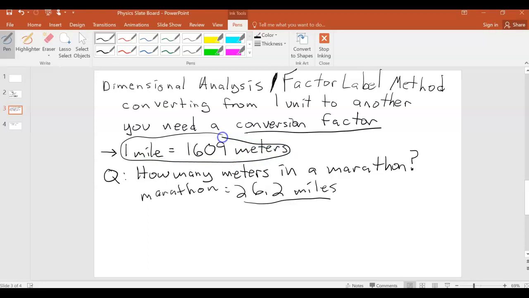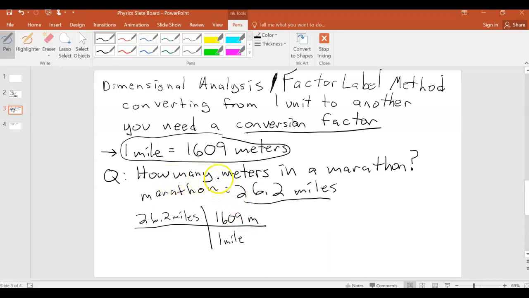Because we ultimately want to get to meters, we're going to start out with our 26.2 miles, and then we're going to use that conversion factor. We want to put the mile below, in the denominator, because ultimately we want those to cancel. So 1 mile is going to equal 1,609 meters.